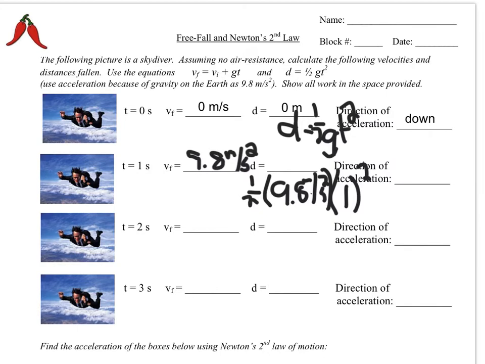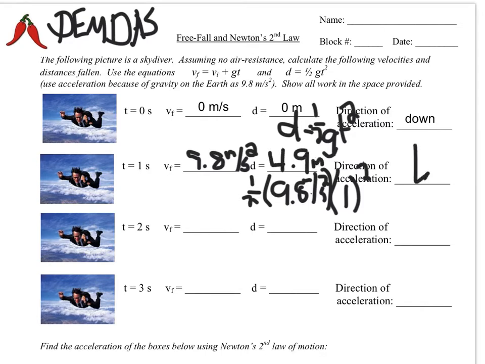We take our 1 squared first because we want to follow the order of PEMDAS: parentheses, exponents, multiplication, division, addition, subtraction. So 1 squared is 1, times 9.8 times 1/2, or divide by 2, same thing, and you will get an answer of 4.9 meters. And the direction of the acceleration is still going to be down.